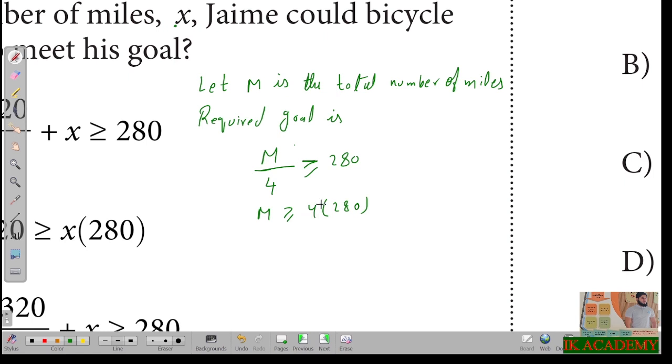So the total number of miles is the sum of the distance he has covered and the remaining distance he has yet to complete.